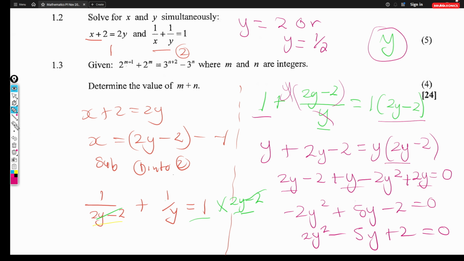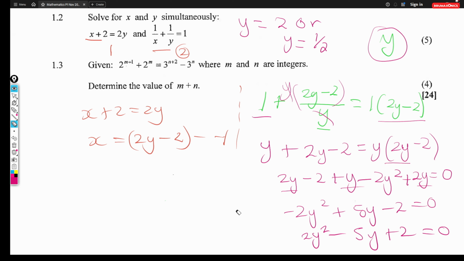And if you want to get maybe your x values, then you'll have to go back to equation 1 and substitute the values in order for you to get the x values. And with that, we can come here and say x is equal to 2 times our y, 2, minus 2, and then that will be 4, and then at the end we are going to get a positive 2, right?